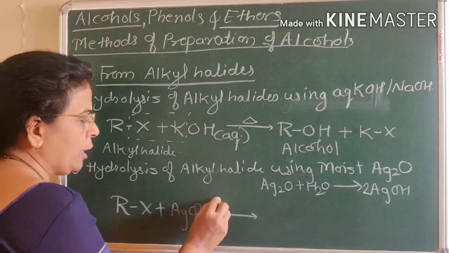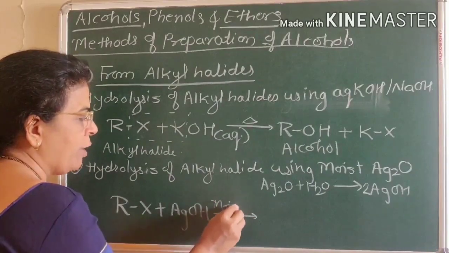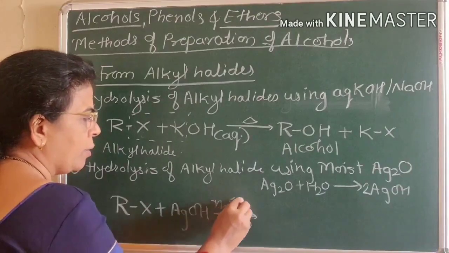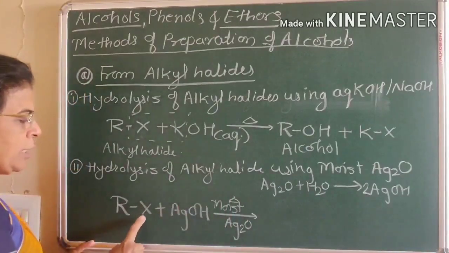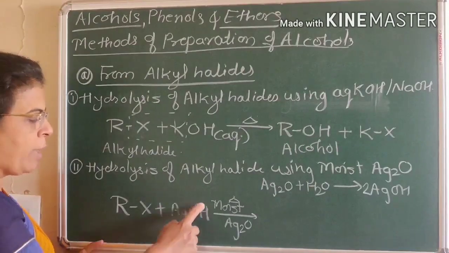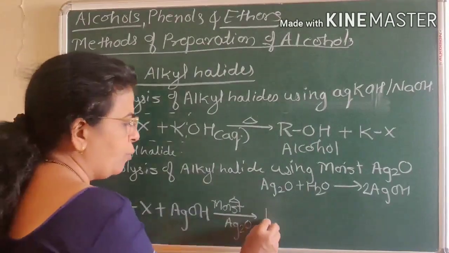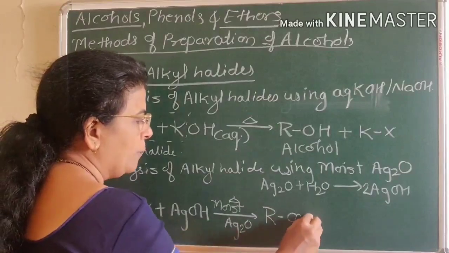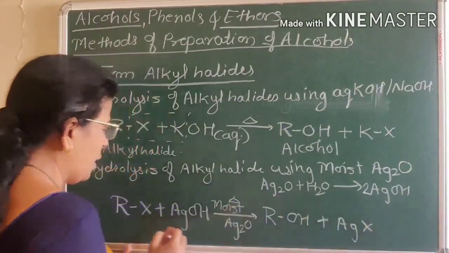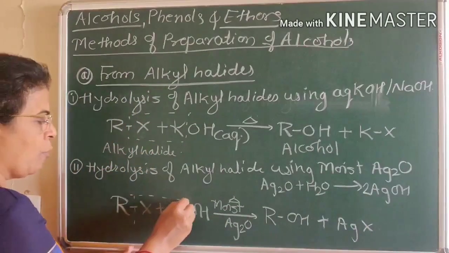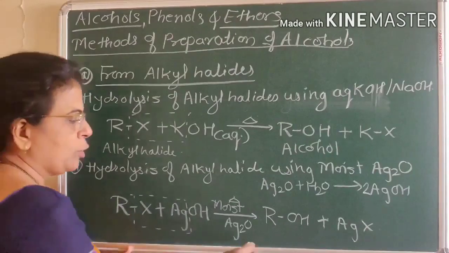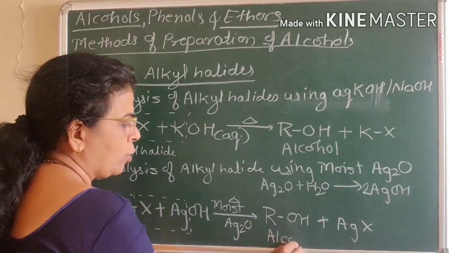When it is dissolved in water, that is when it becomes moist. Then simple substitution reaction takes place and the halogen atom from the alkyl halide is replaced by a hydroxy group to form alcohol and AgX.